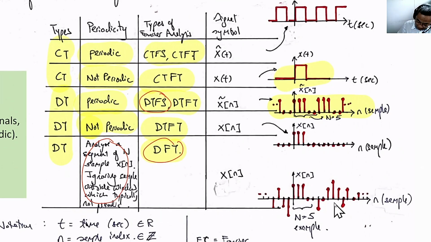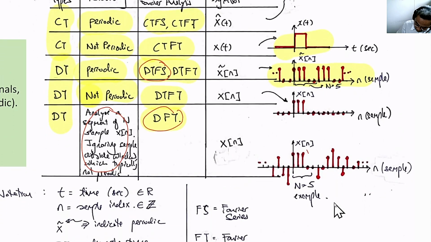I'll give you an example. Here, we're using DFT to analyze this 5 sample signal. This 5 sample is the same as this 5 sample signal: 3 on and 2 off. What is outside? It's not periodic. It is not like here, where we have a sampled signal that repeats itself every 5 samples.